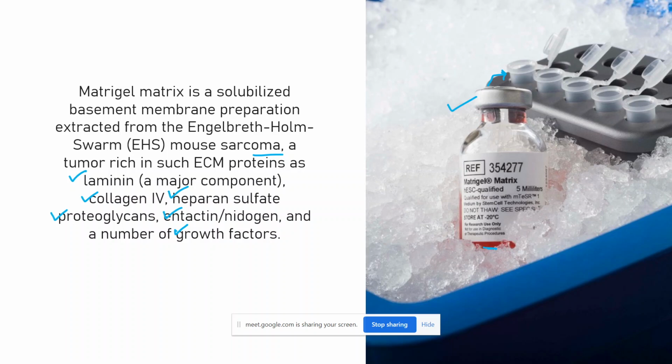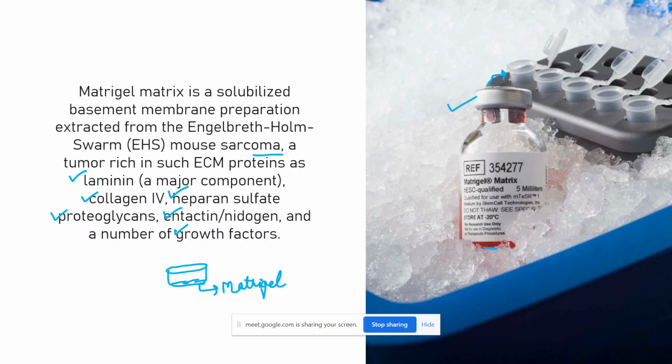What will happen is, if you coat your culture dish with matrigel, then you will see your cells growing similar to how the cells grow inside the body.